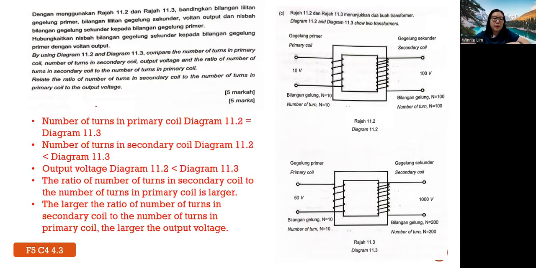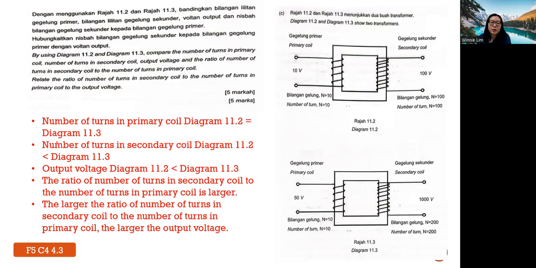Okay, so we go through the answer one more time. The number of turns in the primary coil in diagram 11.2 is equal to diagram 11.3. The number of turns in the secondary coil in 11.2 is less than 11.3. Output voltage, 11.2 is also less than 11.3.